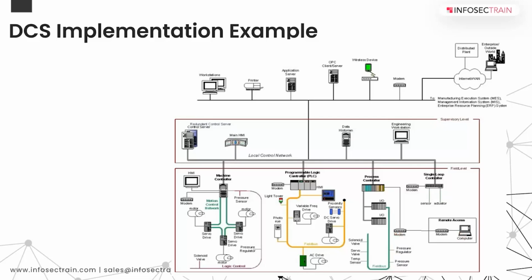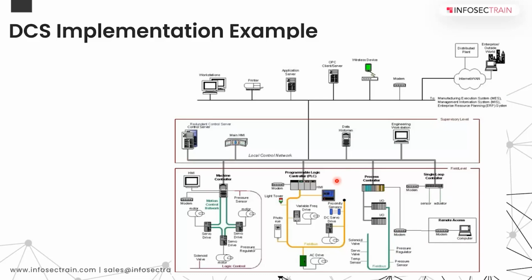Another important aspect when we talk about DCS is the industrial networking that you of course see, how it is interfaced to different hardware and servers and systems. The most important aspect is the communication.